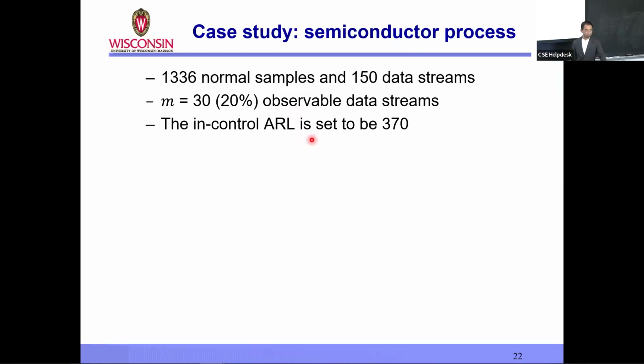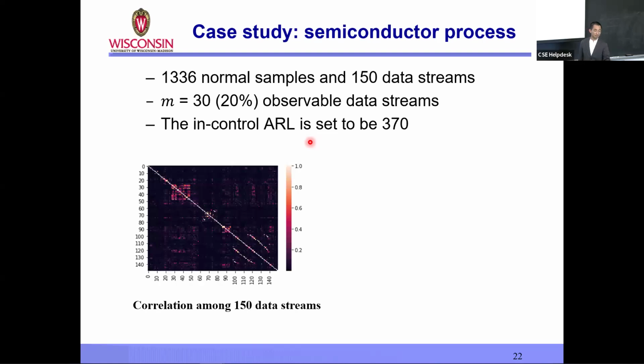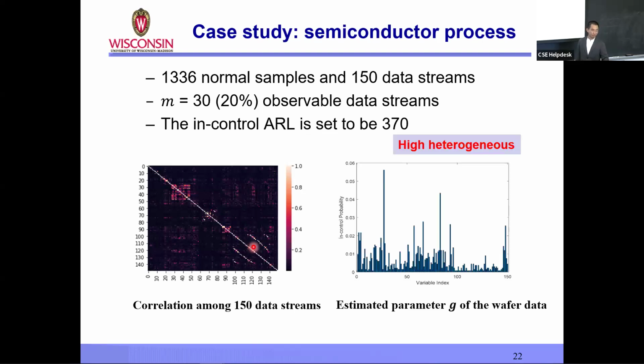Similarly, we have the same false alarm rate, setting the in-control average run length to be 370. This heat map shows the correlations among these 150 data streams. And the right figure shows us the estimated parameter G here, from which you can see the data is highly heterogeneous.